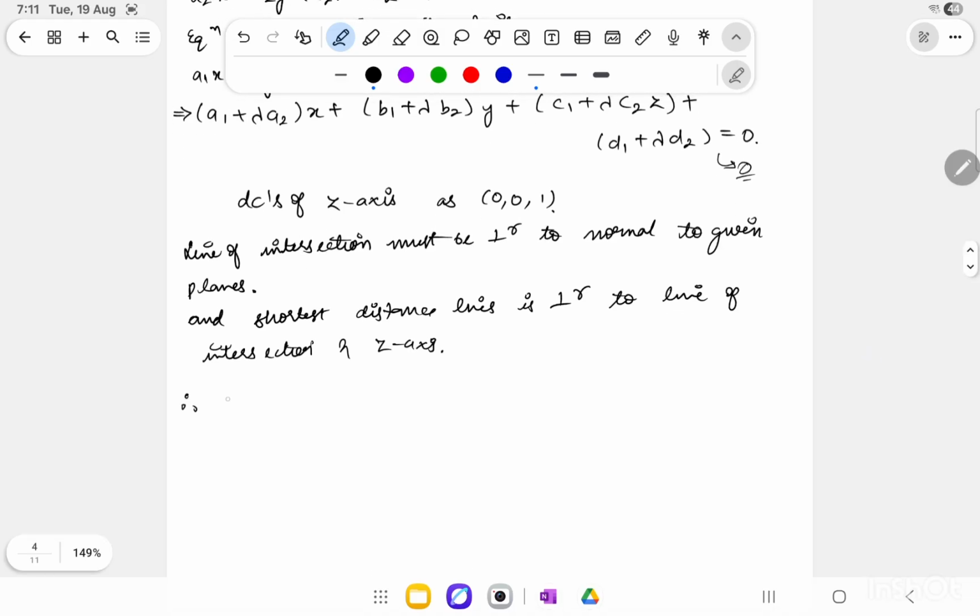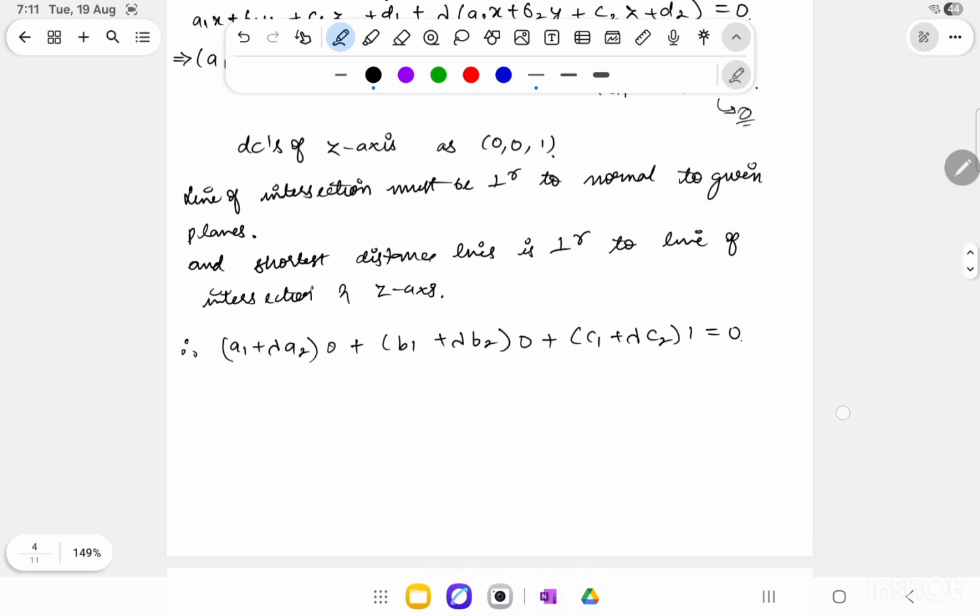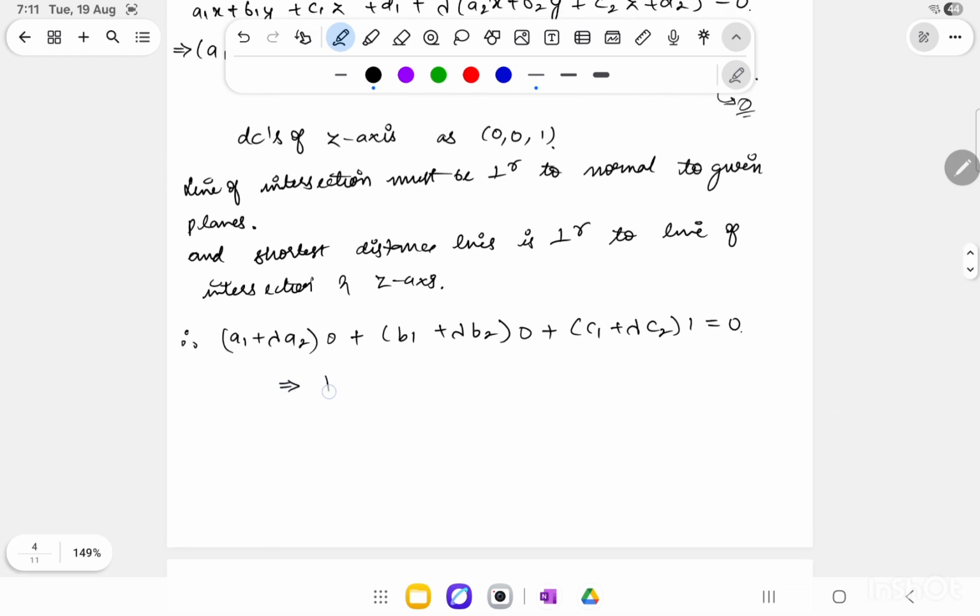So using that result, I can say that (a1 plus lambda a2) into 0 plus (b1 plus lambda b2) into 0 plus (c1 plus lambda c2) into 1 equals 0. If I simplify it, I'll get my lambda as minus c1 by c2.